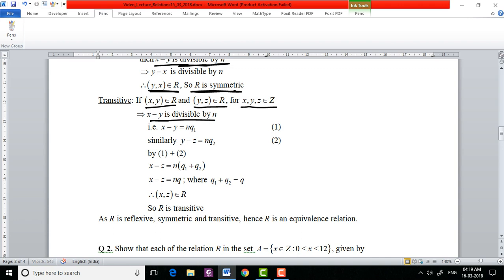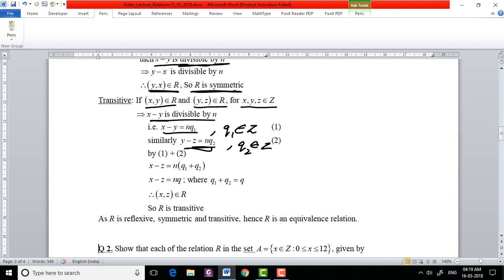So x minus y equals n times q1, where q1 is an integer. Similarly, since (y, z) belongs to R, y minus z can be written as n times q2, where again q2 is some integer.